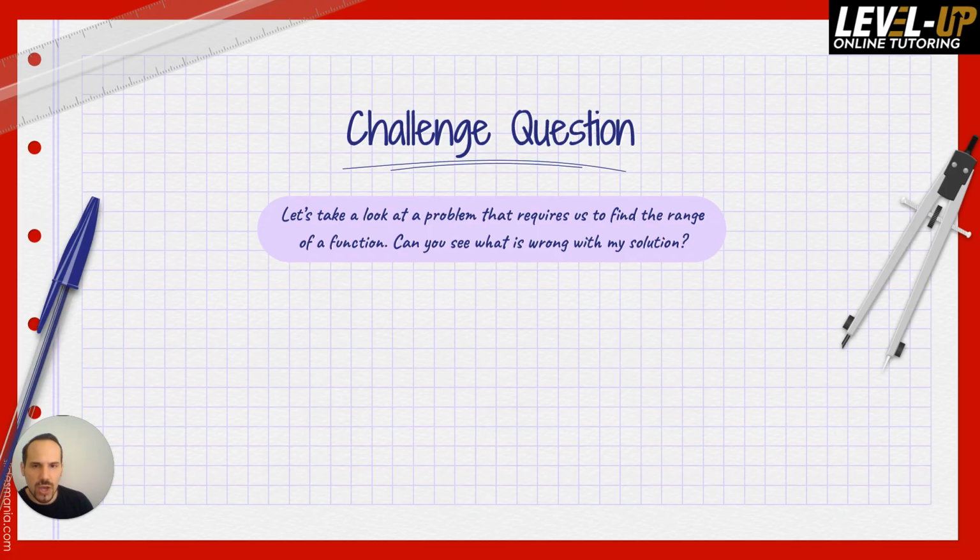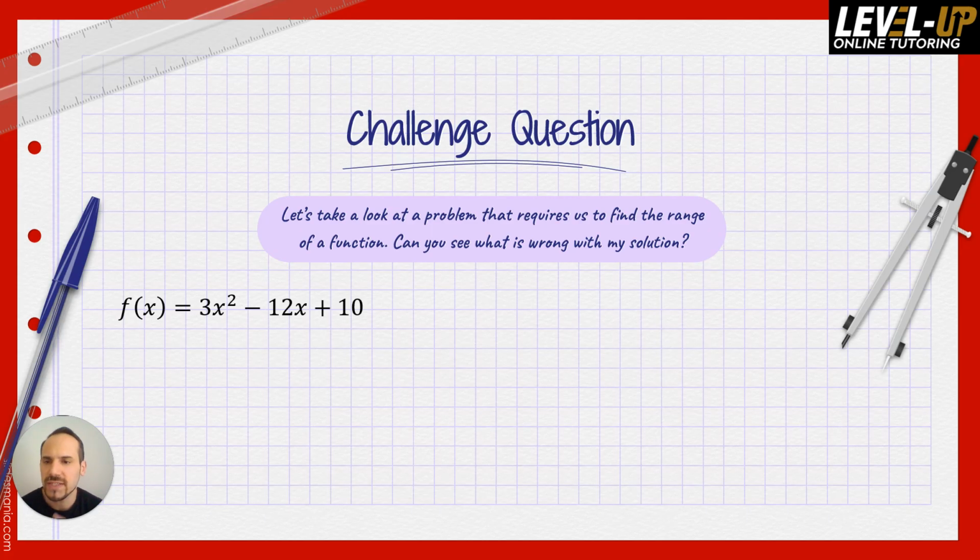So we've got another challenge question for you here. Let's take a look at this particular problem I'm about to present, and we want to find the range. I'm going to show you the solution, and I want you to try and find out what is wrong with my solution.